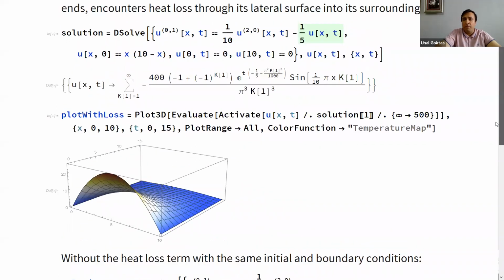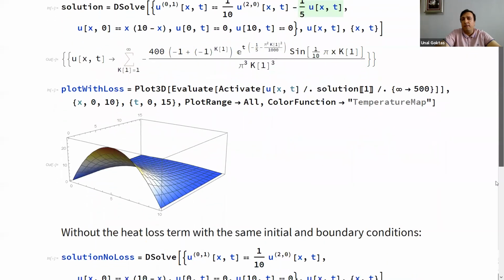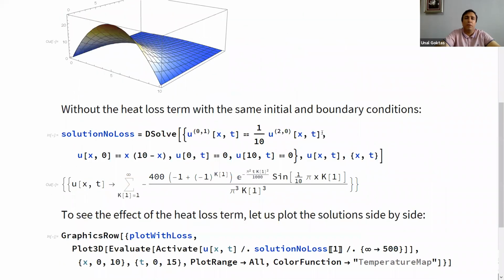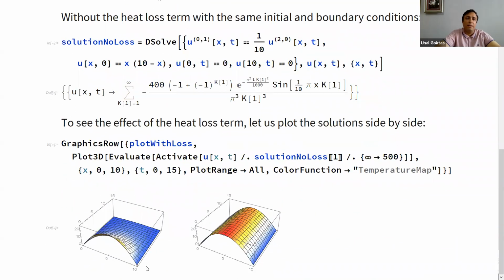For the same problem, if we neglect the heat loss and return to the original problem, we remove the heat loss and plot that as well. The first plot here is the problem with the heat loss, and the one right next to it is the plot of the problem with no heat loss.